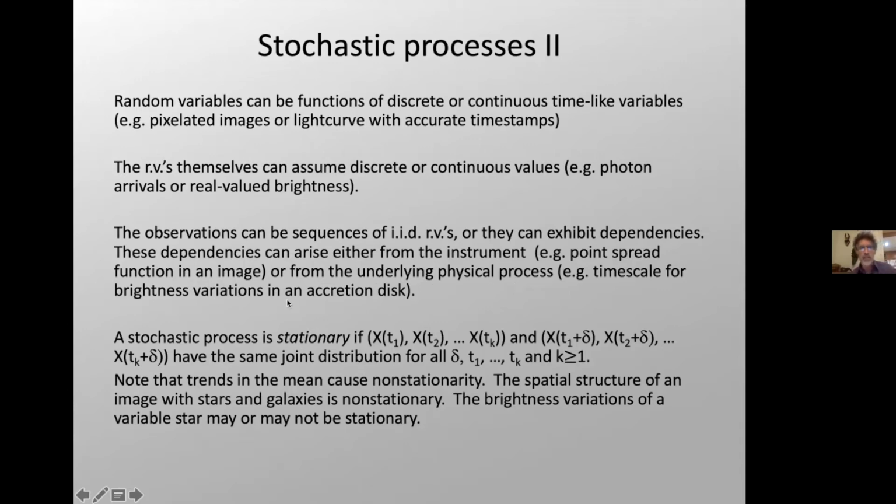For instance, the brightness of an accretion disk or a pulsating star cannot change crazily instantly. There's a physical object there, and it can only change slowly in some organized way, and so we would get dependencies. So a pure IID process is like Gaussian random noise, and it's very simple, and there's not much to do with it in terms of analysis.